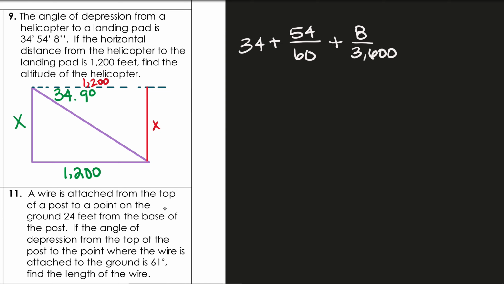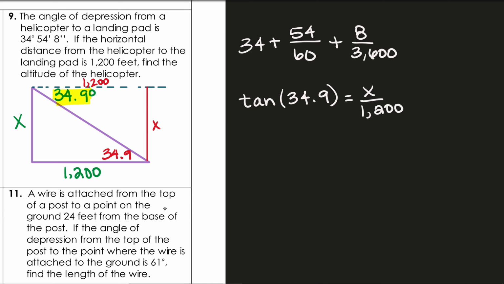So remember, the angle of depression is the exact same as the angle of elevation because they're alternate interior angles. So if I was using the angle of elevation, I have opposite over adjacent. So that would be tangent. So tangent of 34.9 is equal to the opposite x, because we're looking for the altitude, over the adjacent, 1200.